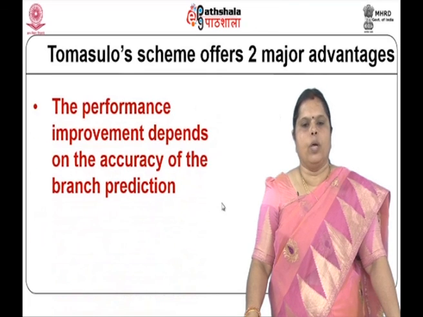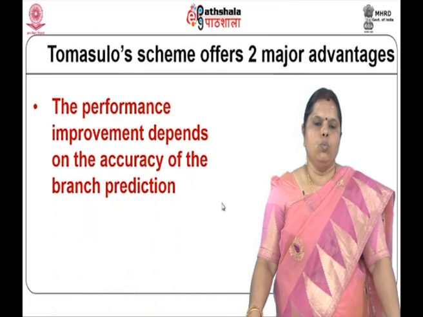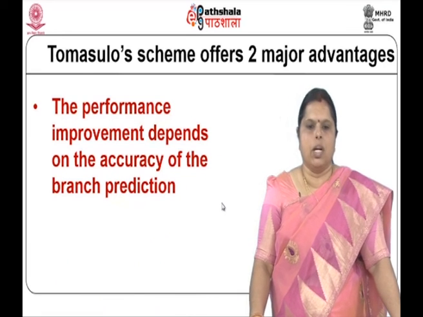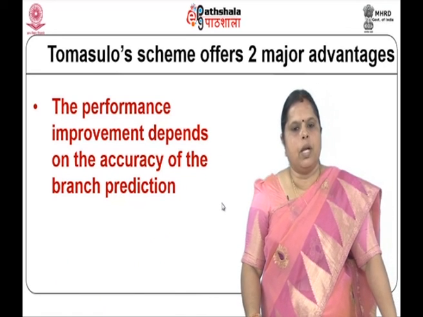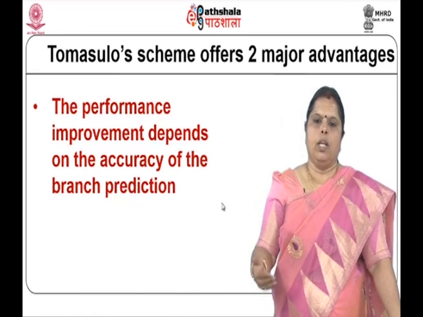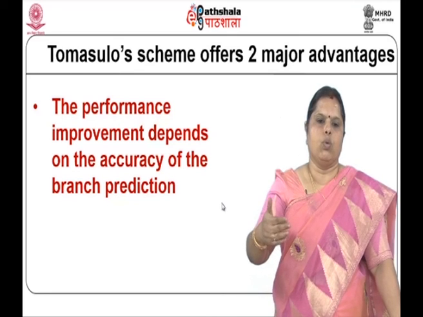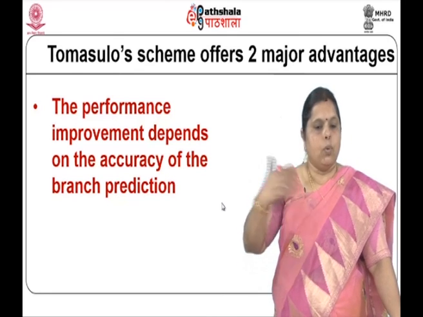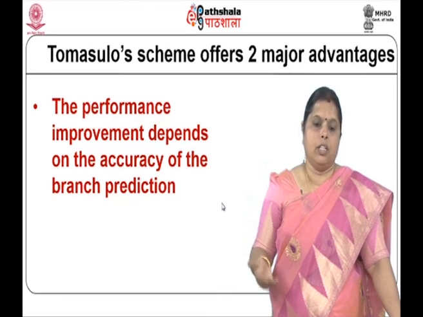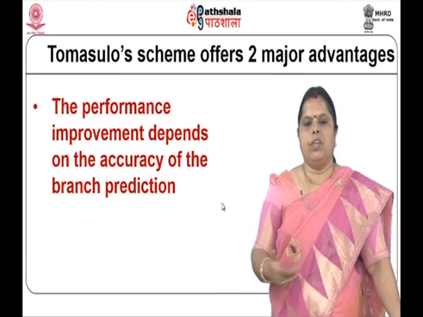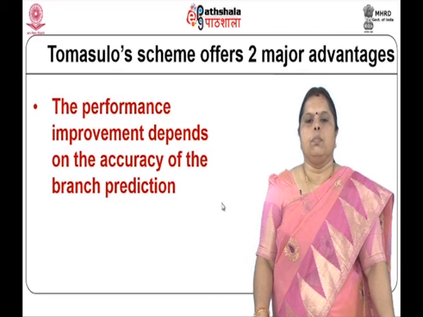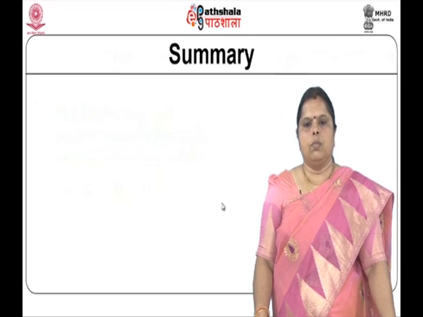Of course, whenever you are looking at loops involving branches, everything depends upon the accuracy of the branch predictor. Because the branch predictor predicts that the branch is going to be taken, you do a dynamic unrolling of the loop and get the next instructions from the next iteration. If the prediction proves wrong, then whatever fetch you have done is going to be a waste. So the performance improvement depends upon the accuracy of the branch prediction.